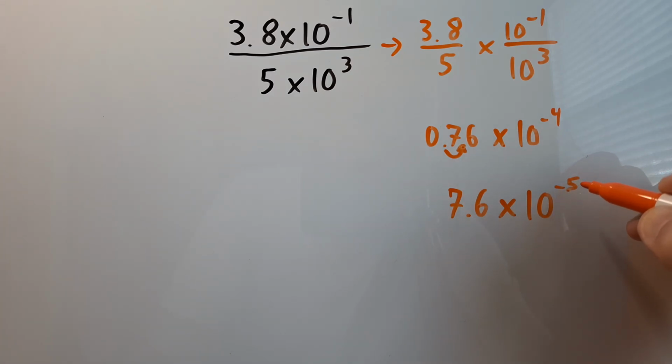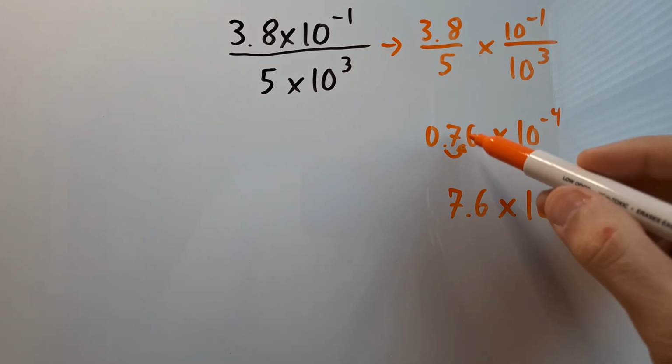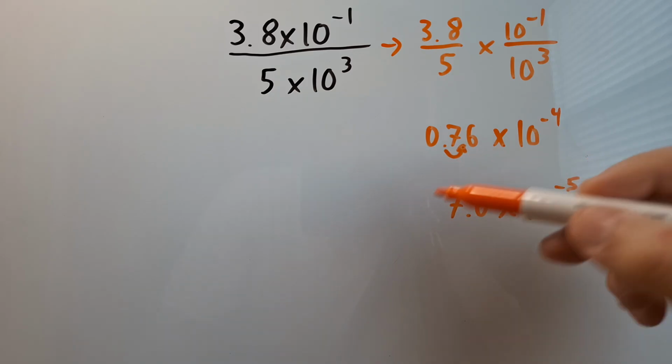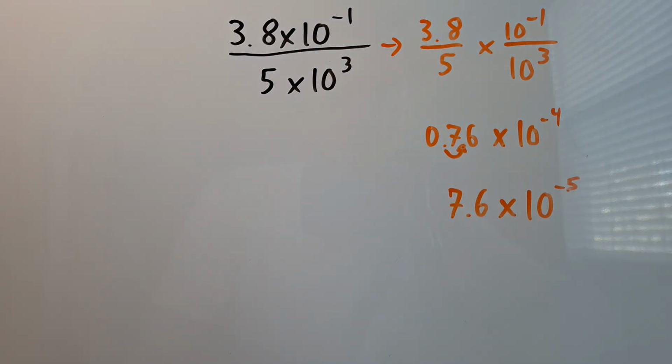So now this exponent is one value less, -5 versus -4. Again, because this number was small. In the multiplication problems, we had numbers that were large, so we had to add 1 to those exponents. A little bit different here for when we're doing the division.